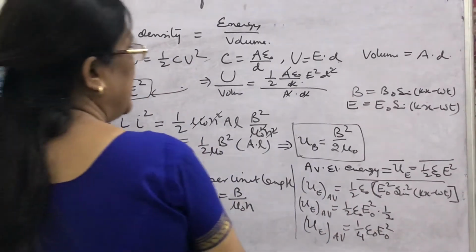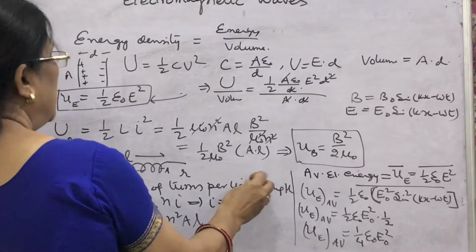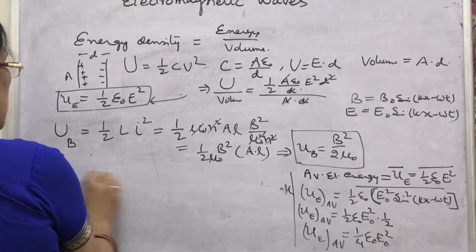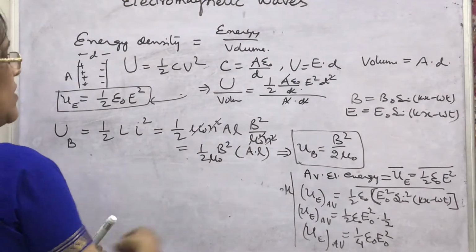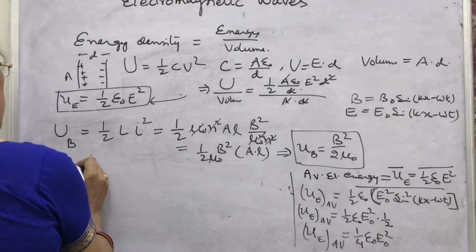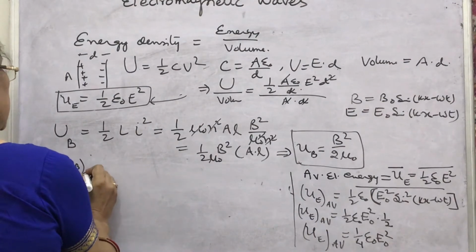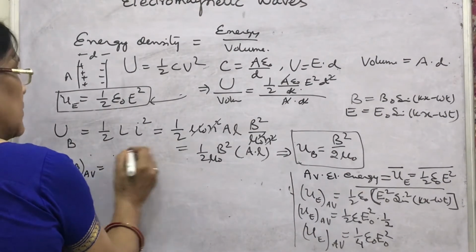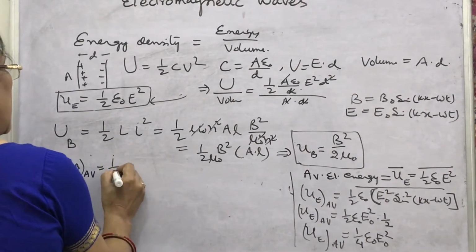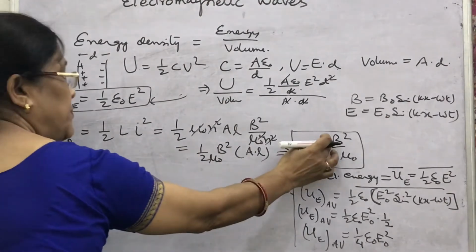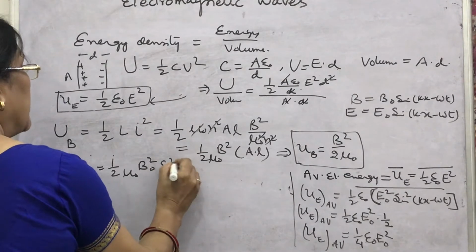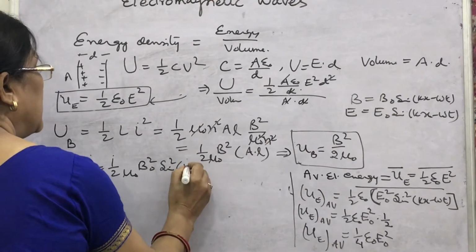Similarly, you can find the average magnetic energy in the EM wave. How will you find this U_B average? Again you will write, what was the formula? B square upon 2 mu naught. So you will write half mu naught, and in place of B you will put B naught square sine square kx minus omega t.